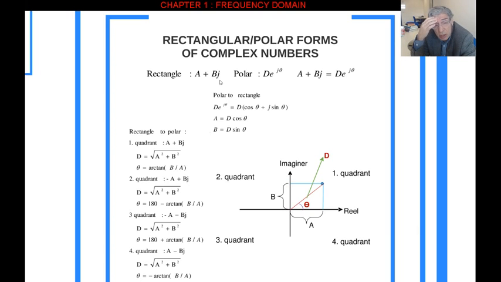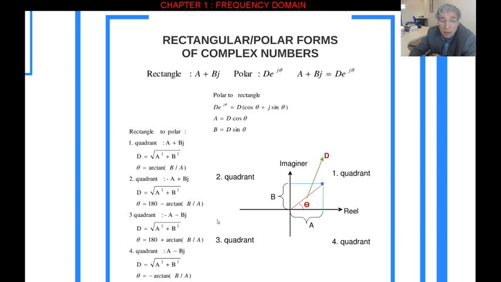You have to check which quadrant your complex Cartesian number is in. In general, without taking into account the sign of these A and B values, use the amplitude values and calculate this theta. How are we going to determine the sign? I will explain it to you right now.